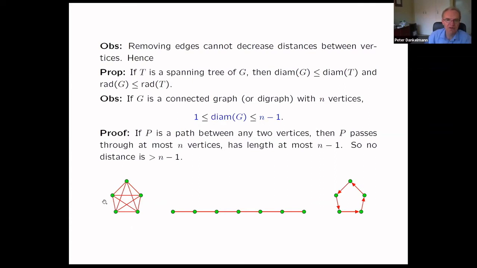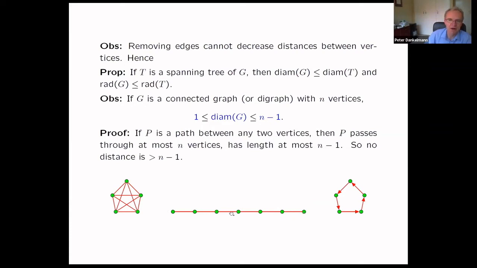Here's a complete graph. That graph has diameter 1. Any two vertices are adjacent, any distance is equal to 1. Also, the diameter is equal to 1. Which graph has the largest diameter? Well, that's pretty easy. If you didn't know it, you could probably easily guess it. It's the path.